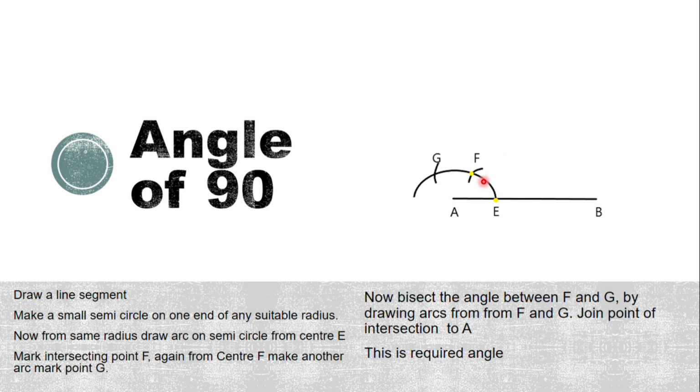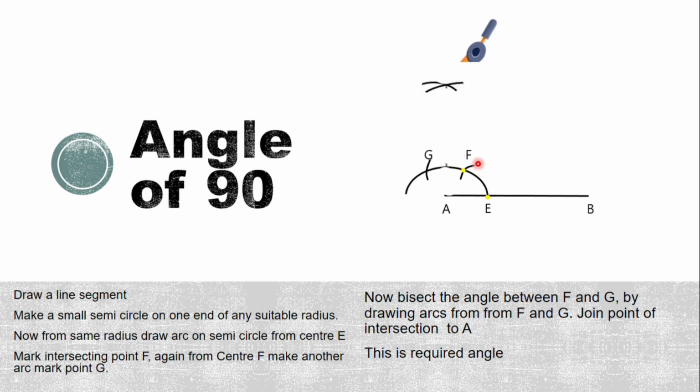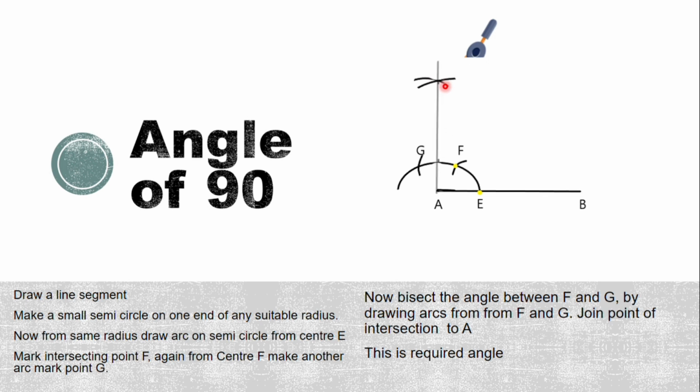So for this, we will be bisecting the angle between F and G. Take the compass and put it at point F, draw an arc, and again put it at G and draw an arc like this, and then join point A and the point of intersection of the arcs. This is an angle of 90 degree.